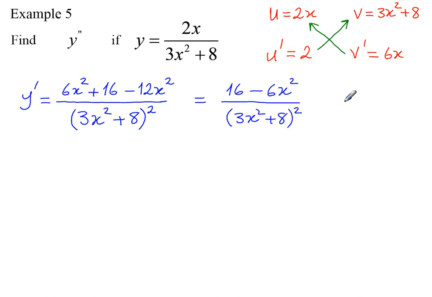Now to differentiate a second time, I could do what I did in the previous example, take this and raise it to the numerator with a negative power, but in this case here I will use the quotient rule a second time. So I'll again select the u and v.